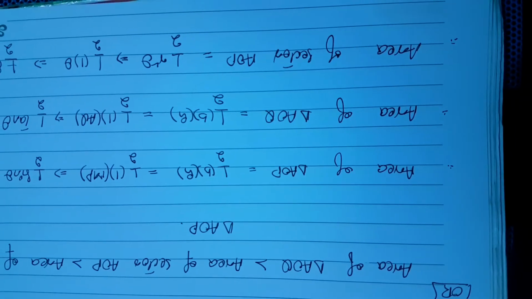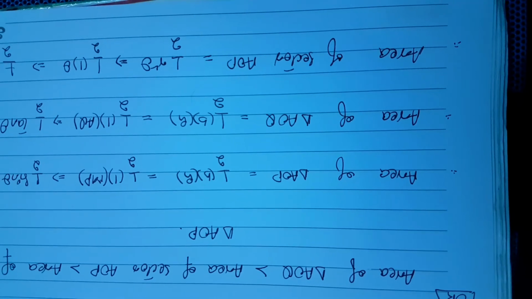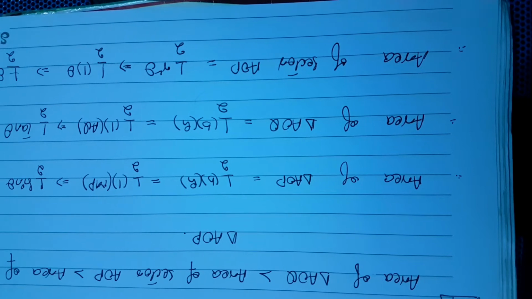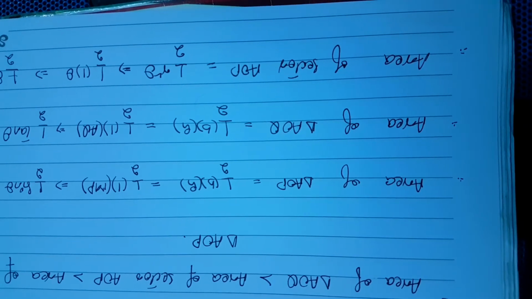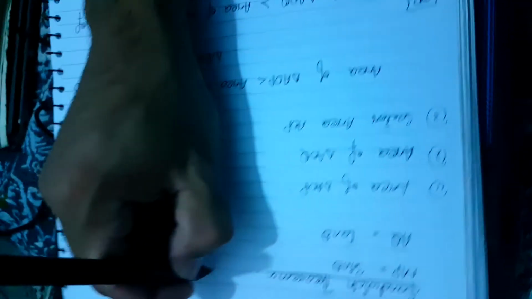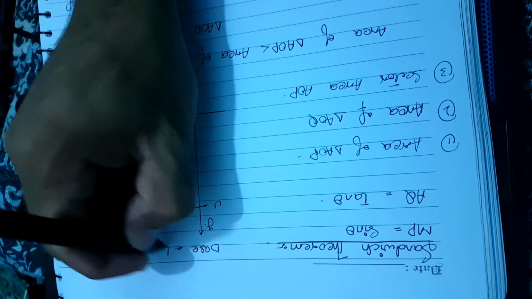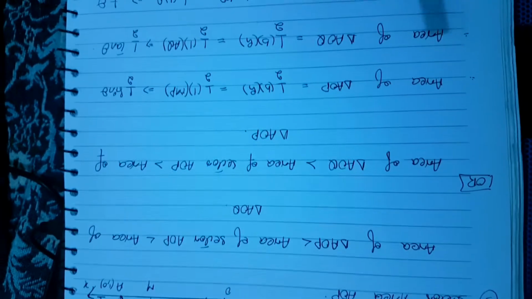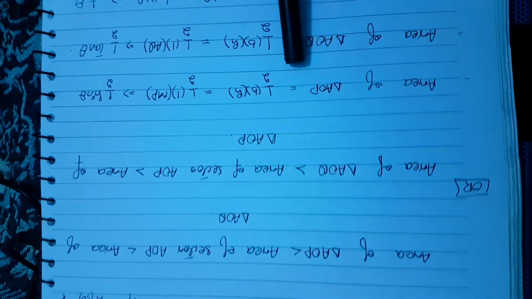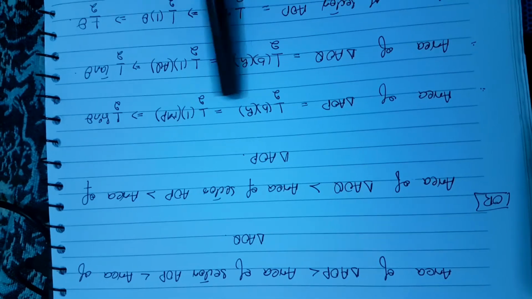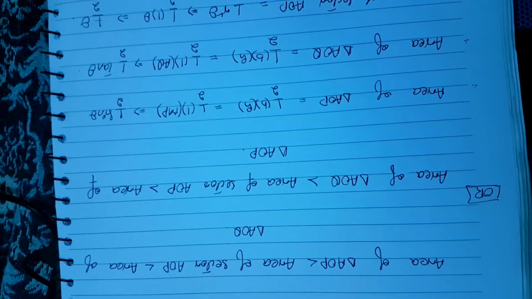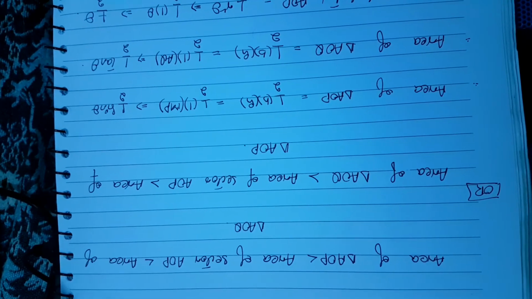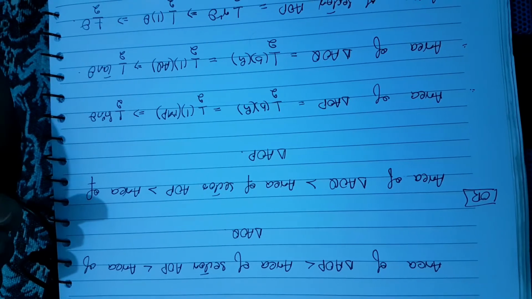Now let's see how we calculate the areas. The area of a triangle is half of base into height. Here the base is fixed, with value 1. Therefore the area of triangle AOP equals half of base into height, which is half of 1 into the height of triangle AOP.